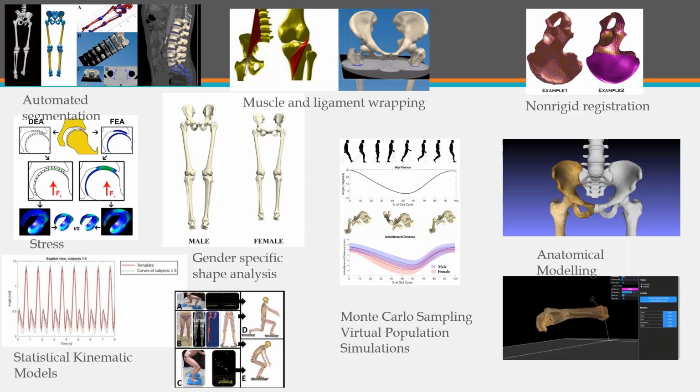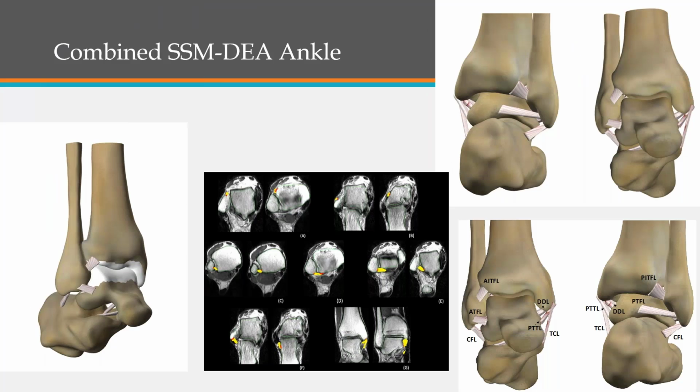Combining these to actually get the kinematics from shape, get contact stress evaluations, and so on. In that way, we're able to draw some conclusions, and more importantly, also sometimes generate study groups, virtual study groups, by using multicardial sampling, and so on.